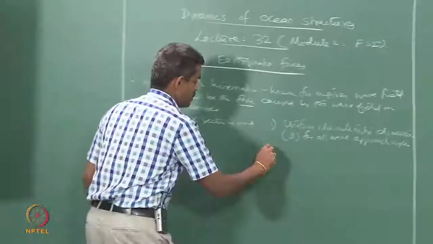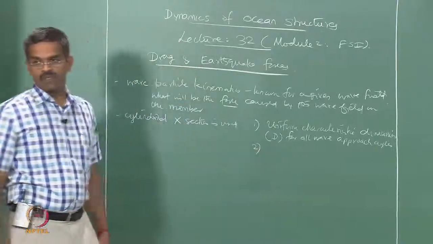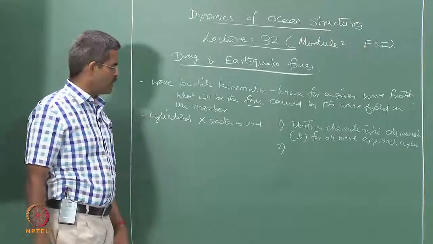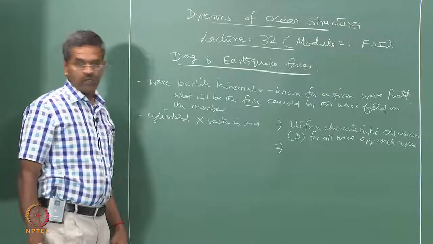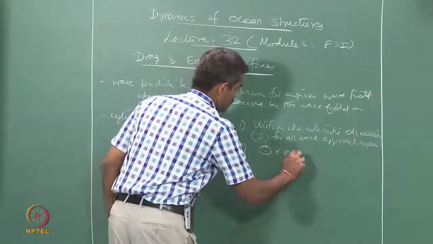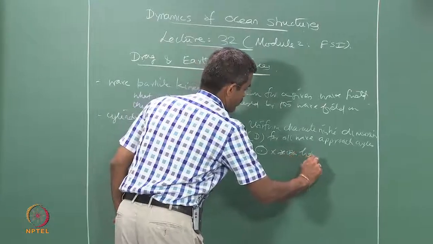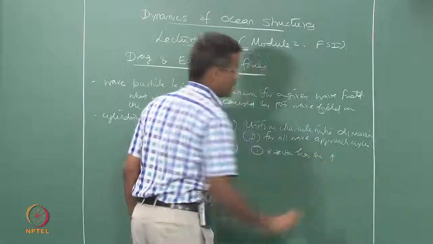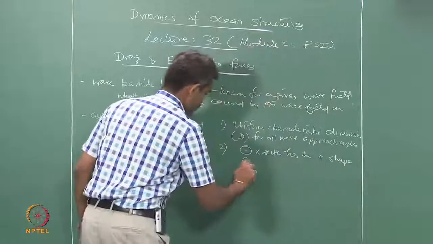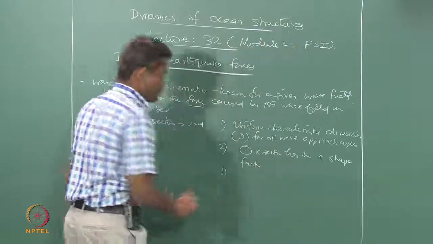The second reason is, if you look at the method of analysis, let us say the plastic analysis or LRFD, load resistance factor design method, a circular shape has a decently higher shape factor. That is the second reason.